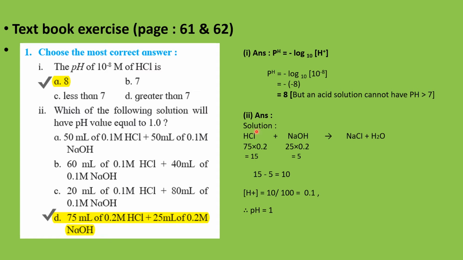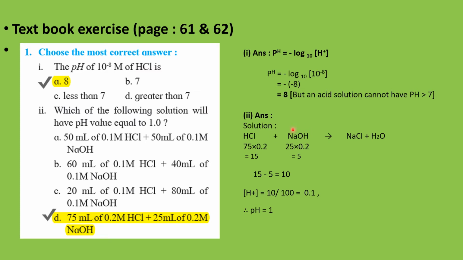In this reaction, 75 ml of 0.2 molar HCl contains the number of moles of HCl as 75 into 0.2, that is 15 moles of HCl. And we are using 25 ml of 0.2 molar NaOH. So the number of moles of NaOH is 25 into 0.2, which is equal to 5 moles.